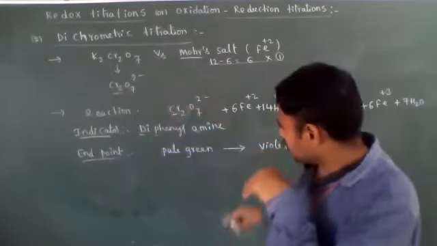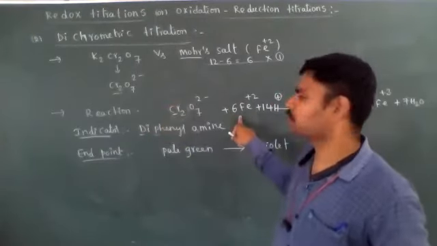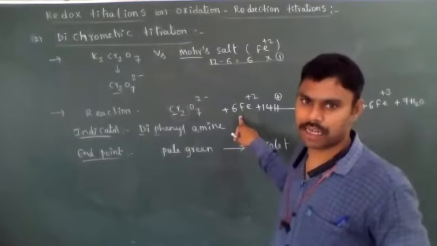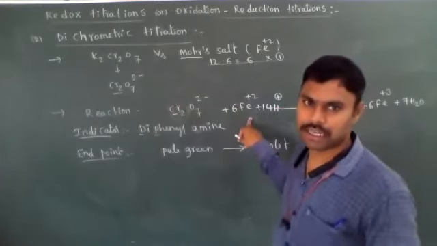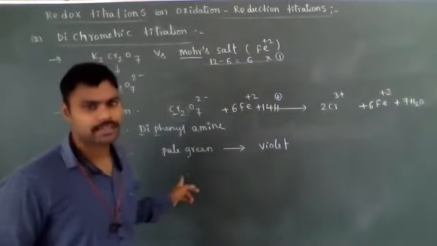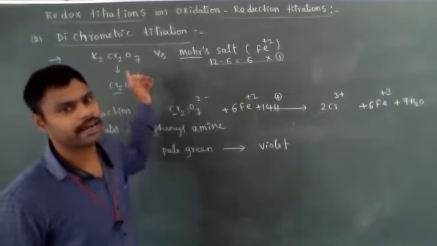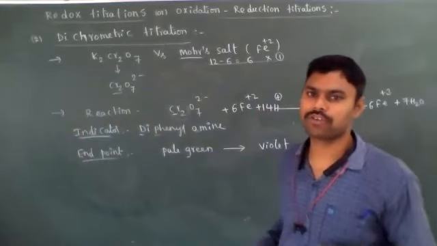After that, the stoichiometric coefficients: 1 mole of K2Cr2O7 reacts with 6 moles of ferrous sulfate or Mohr's salt. Then N1 is equal to 1, N2 is equal to 6. Then the formula or principle for finding the strength or molarity of K2Cr2O7 is M1V1/N1 = M2V2/N2.